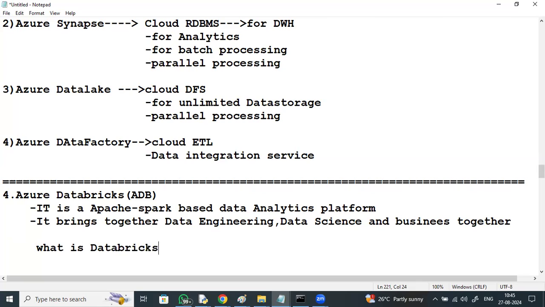It provides a Spark cluster in the cloud. What do you mean by cluster?